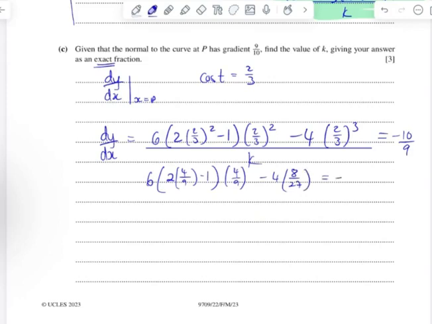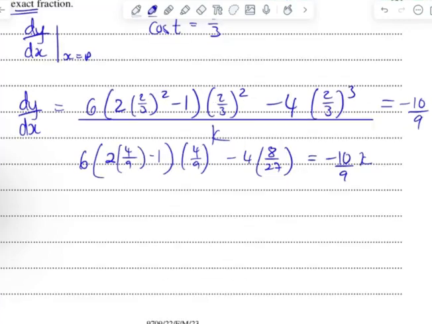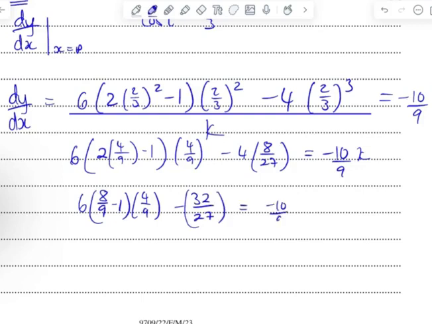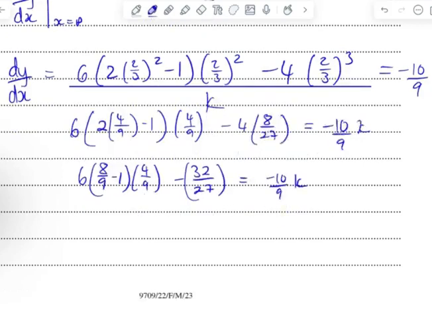Okay, I'm going to 10/9. I'm just going to multiply my k onto that side because there's a lot going on here. Okay, if we simplify this, 8/9 minus 1. Okay, you can do all of this on your calculator.